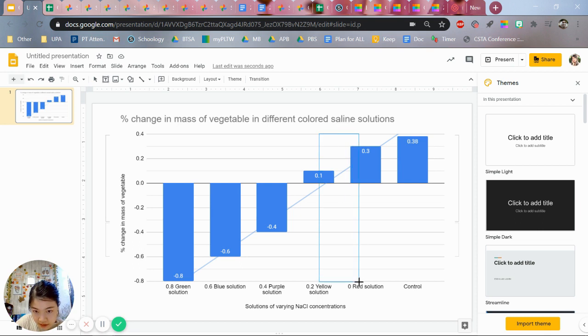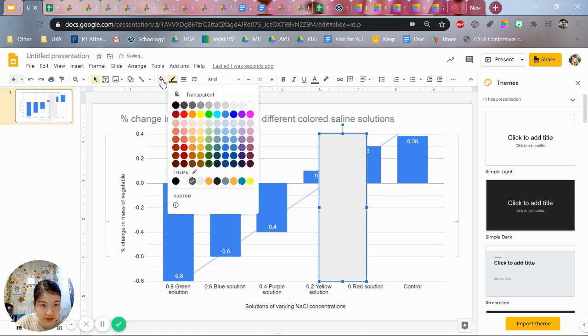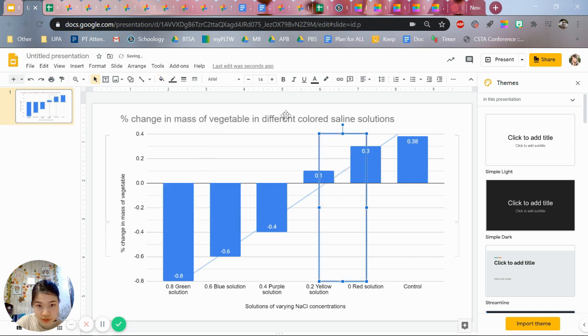So let's say that this is the point marking the 0.2 saline solution, and just right in between this bar, this would be the 0.0. I know this is a very weird way to go about this, but let's do it this way.